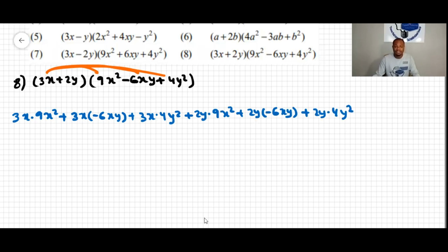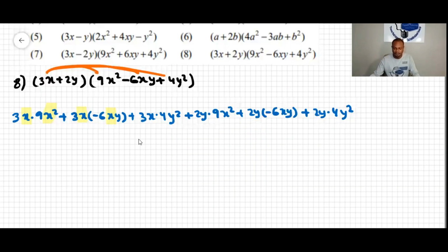Now we're going to look at the bases x and x there. We have x and x there in the product. And then y, where else we have y here, we have y over here, and then y there. We have y here, and then y there also.